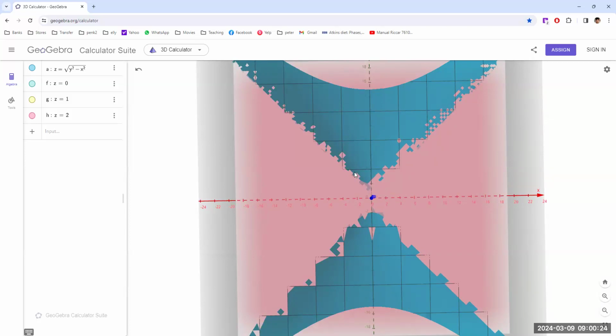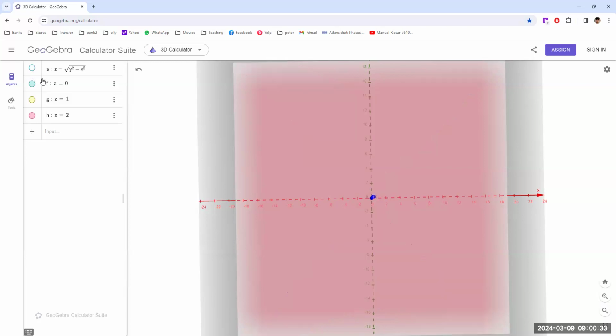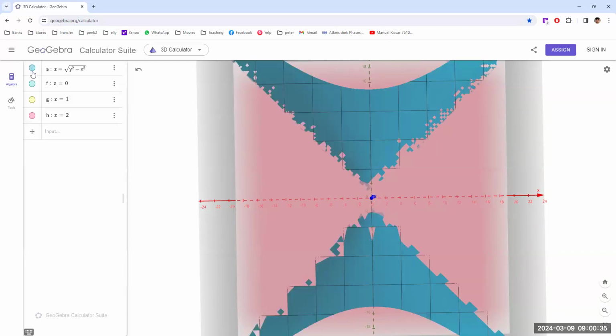Let me get rid of this for now. Oops, not good. I don't like that graph. So what happened is, which one do I want to get rid of first?